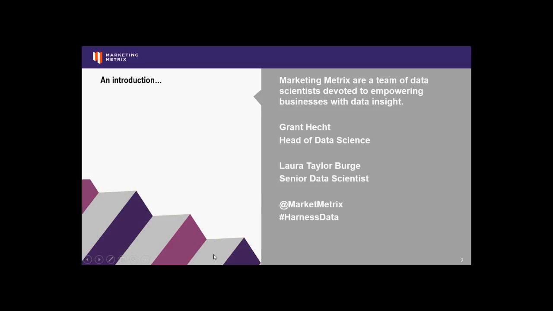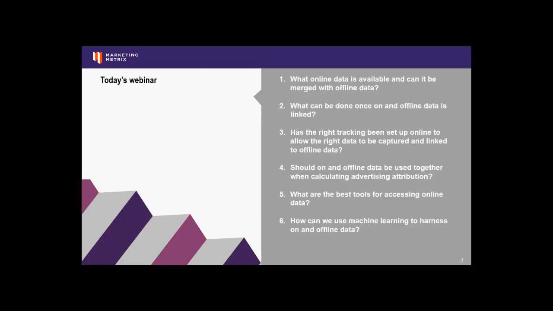So in today's webinar, we'll be going over 6 topics, and I'll be kicking off with what online data is available and can it be merged with offline data. I'll be looking at what can be done once on and offline data is linked. Then I'll be talking about has the right tracking been set up online to allow the right data to be captured and linked to offline data.